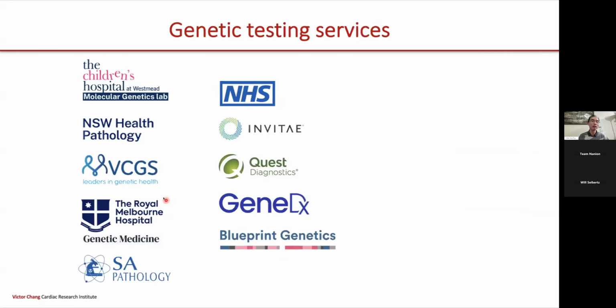Then you'll be offered genetic counseling first, and then genetic testing to identify the genes known to cause your disease, and whether you have a known disease-causing variant or not, because that will be helpful later. I can explain it a bit more. These are some of the testing services that I collaborate with in Australia as well as overseas.